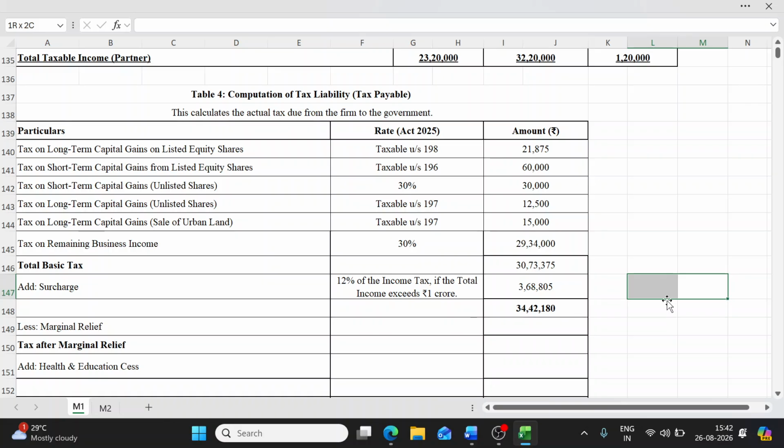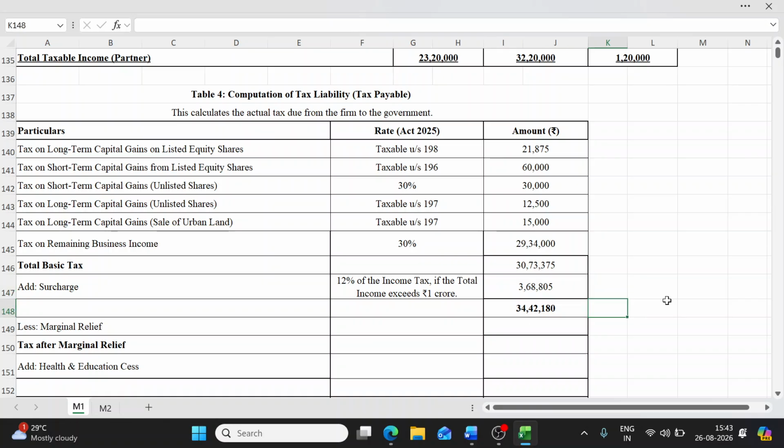But in order to explain how to compute the marginal relief, I'll compute it here, though I know 100% the marginal relief answer will be zero, because additional income over 1 crore is 7 lakh, and additional tax because of surcharge is only 3 lakh 68,805. Therefore the marginal relief will be zero.